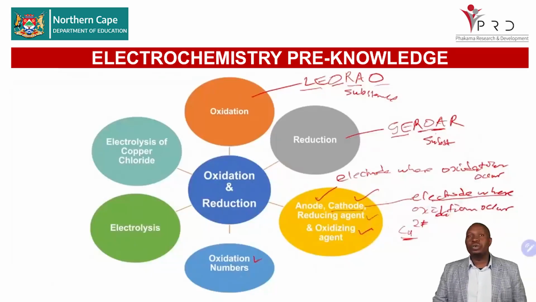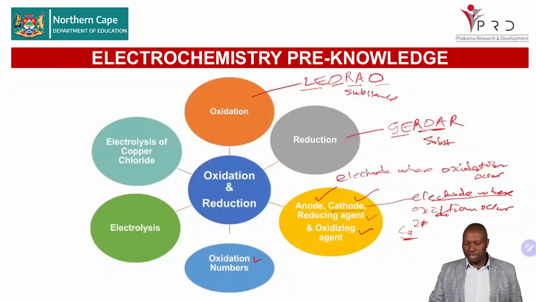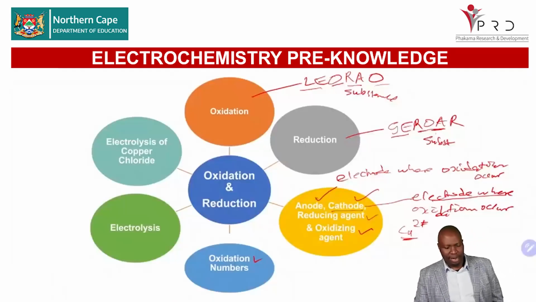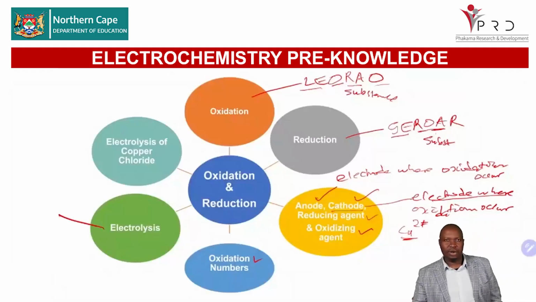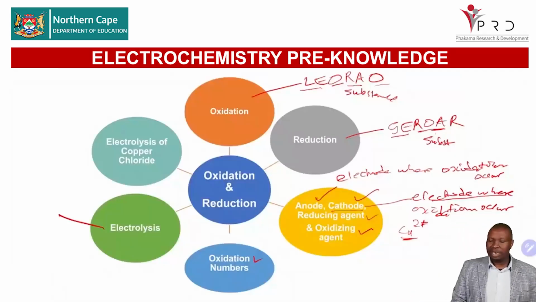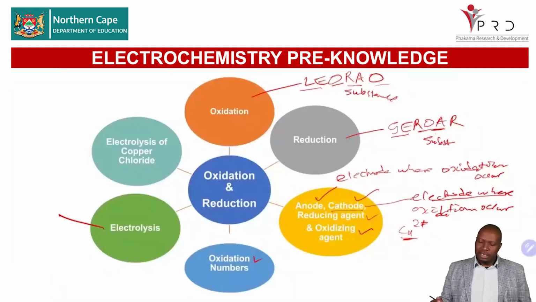The issue of oxidation numbers. Please, you can answer these questions based on oxidation numbers. And then electrolysis. Remember, this is a chemical process now that converts electrical energy to chemical energy. Please differentiate between electrolysis and electrolytic cell.